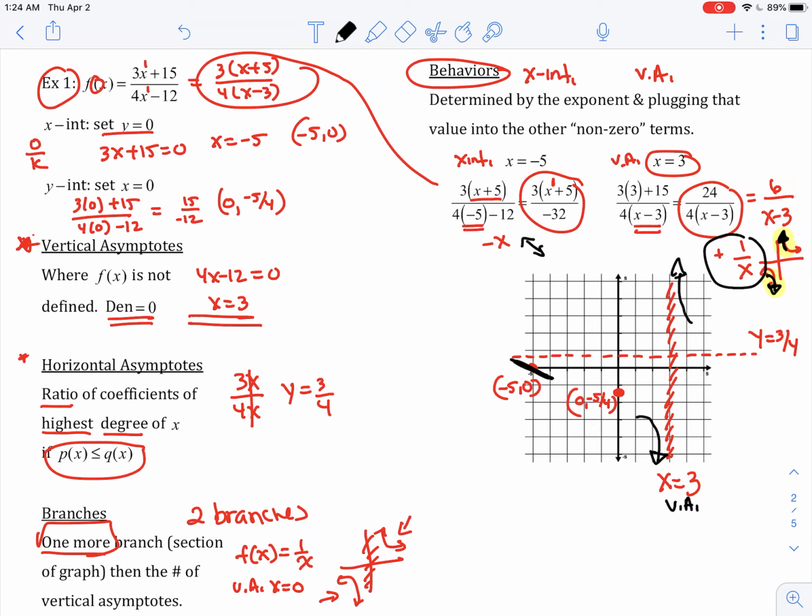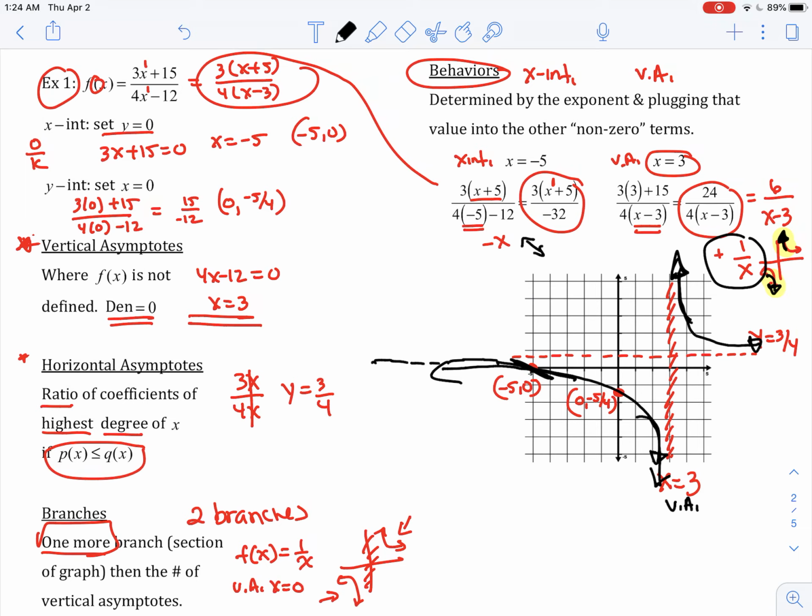If we put all those behaviors together and sketch our graph of f of x here, we know that our graph should be coming down through this -5. We have this y-intercept of -5/4, and it's got to come down along this vertical line. And it's coming out along this horizontal line, this horizontal asymptote. On the right side here, it's coming up along this vertical, and it's coming down along this horizontal of y equals 3/4.